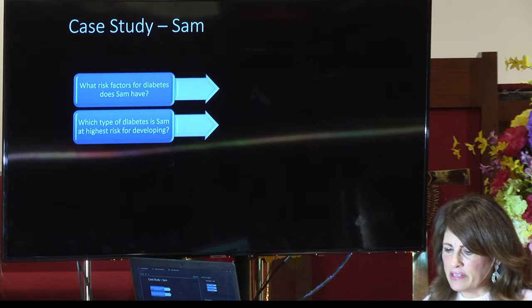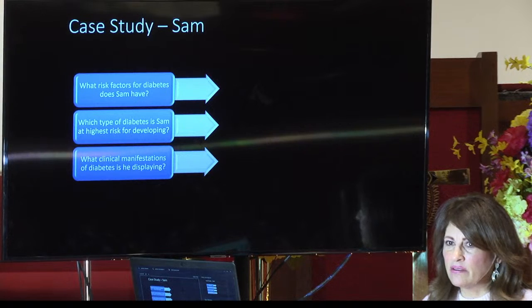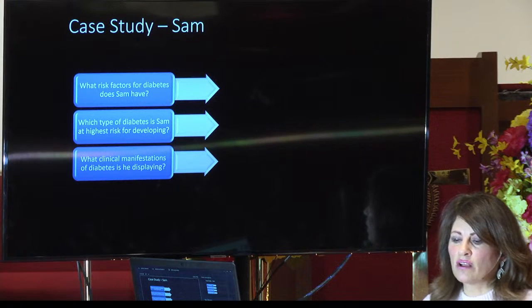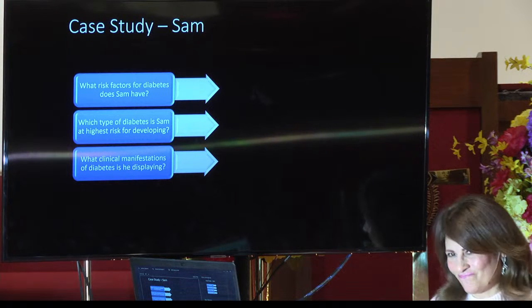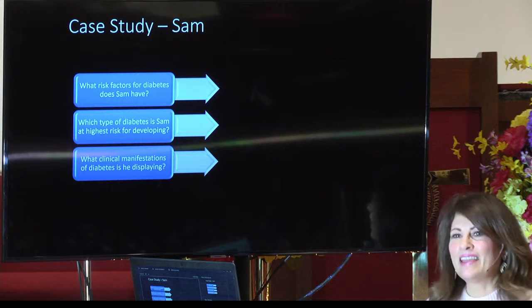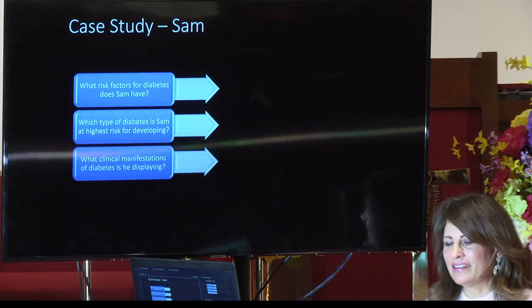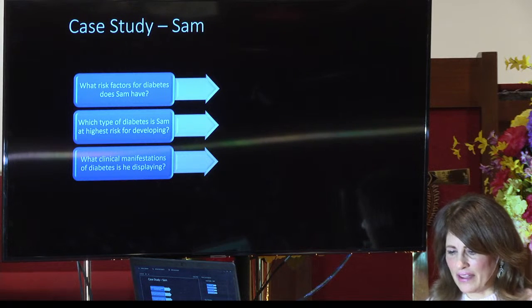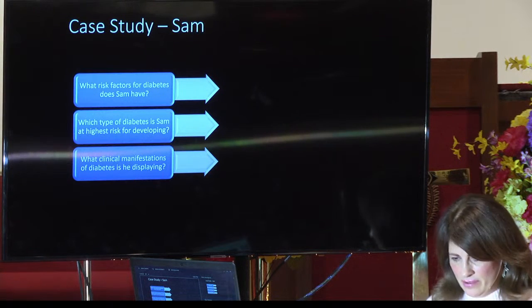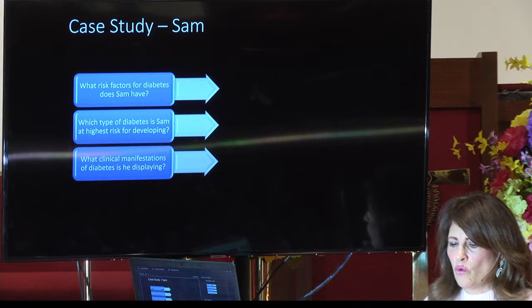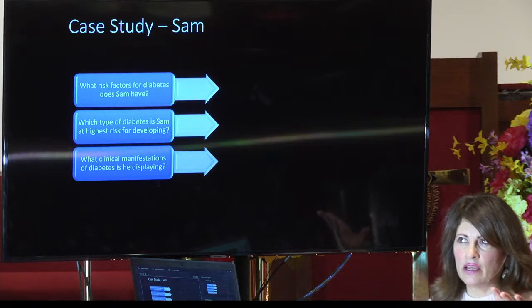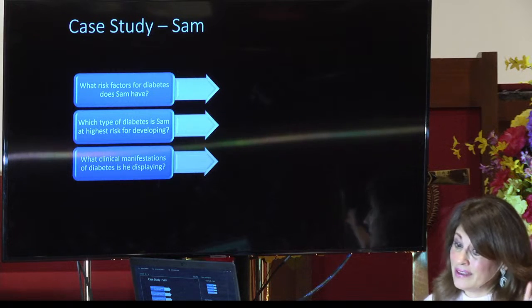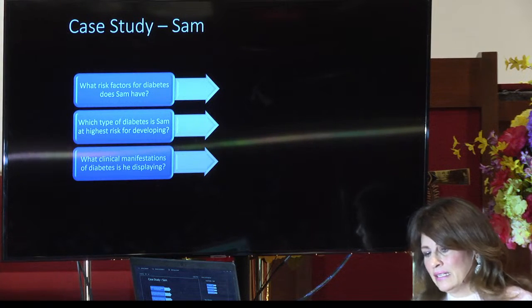What clinical manifestations of diabetes is he displaying? Yes, excellent. Clinical would probably be the thirst and the urinating a lot, and the feet.